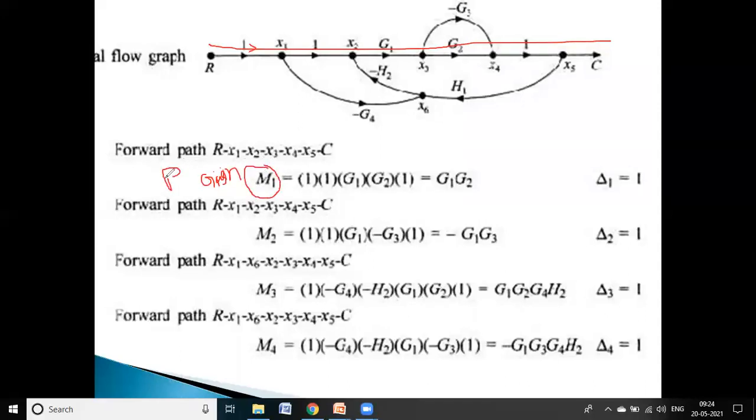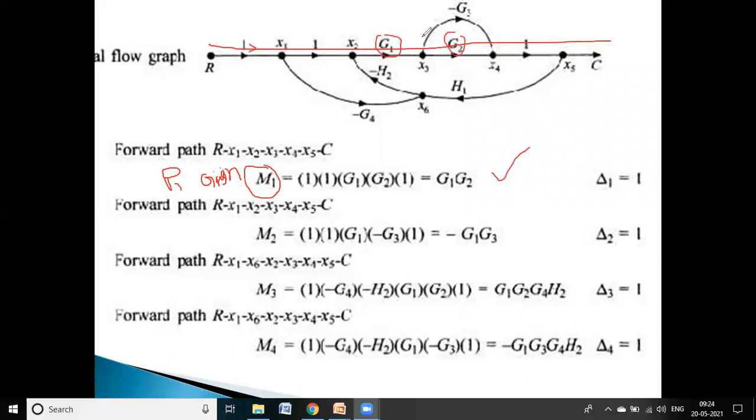Otherwise, we can represent it with P1 or anything. In some textbooks it is represented with M, and in some textbooks it is represented with P, path gain. So the first path gain is only G1, G2. Other quantities are unit values. That's why G1 into G2.